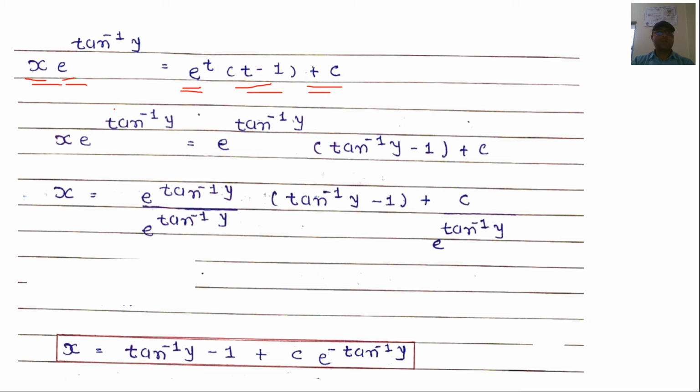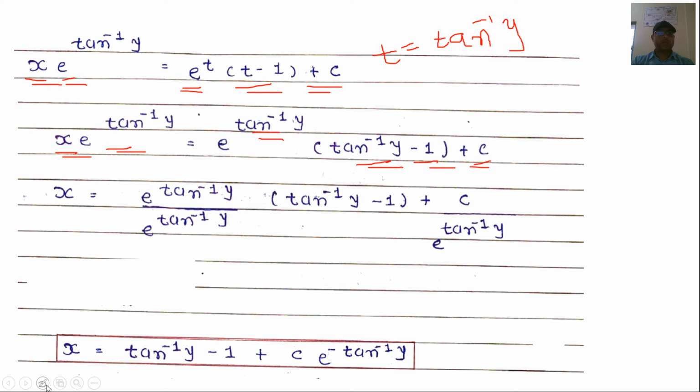Now put the value of t. Here we have taken t equal to tan inverse y. So x into e raised to tan inverse y is equal to e raised to tan inverse y, replace t by tan inverse y, minus 1, plus c.